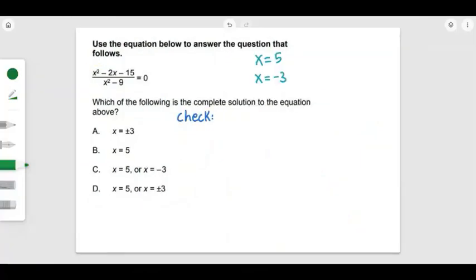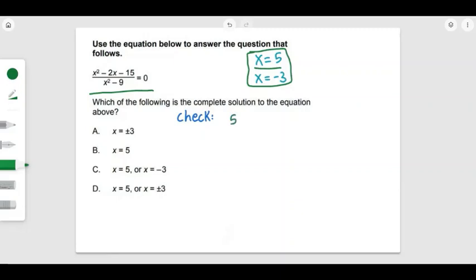Now we've come to the checking part. We found in the last slide two values, x equals 5 and x equals negative 3. We need to know which one is the solution, or they could both be solutions. In order to check, we're simply going to substitute the value of x into this equation. Let's try x equals 5 first.